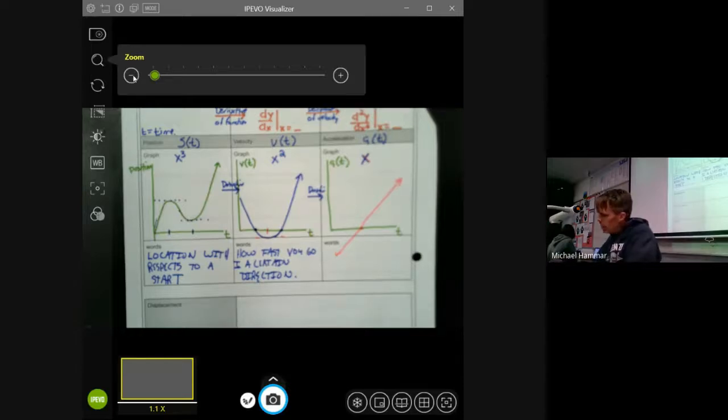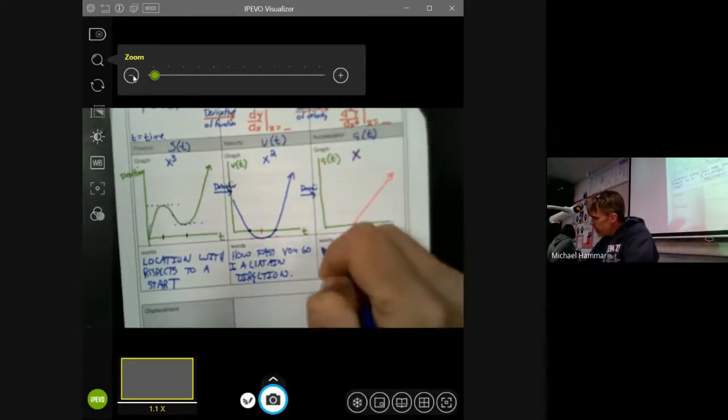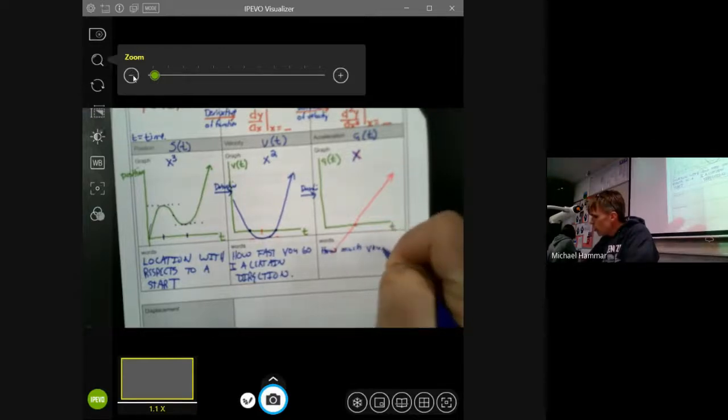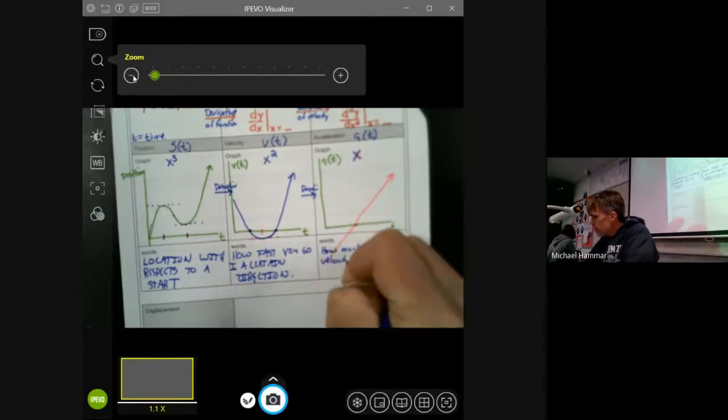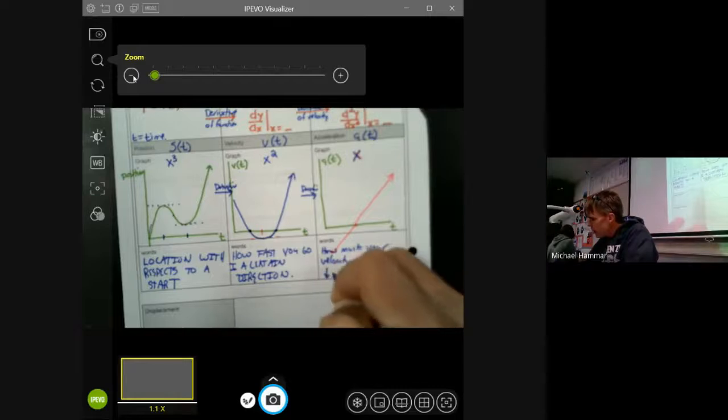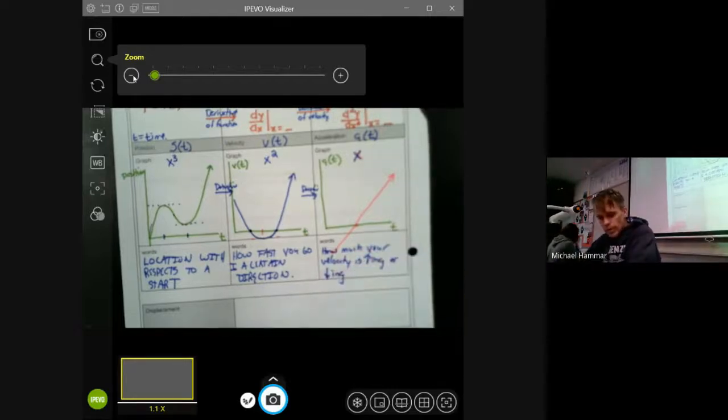Now, what is acceleration? It's how much your velocity is increasing or decreasing. Okay?